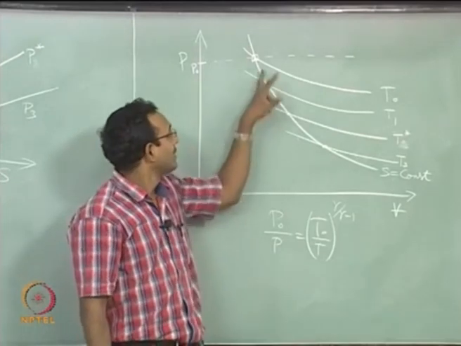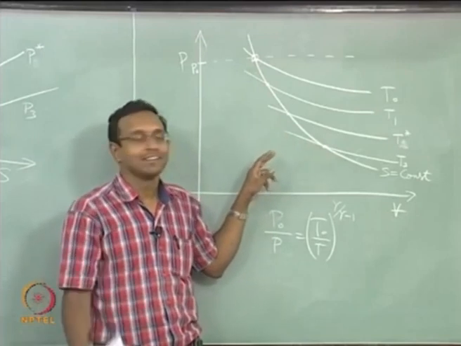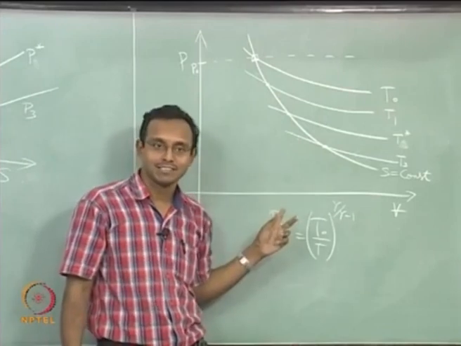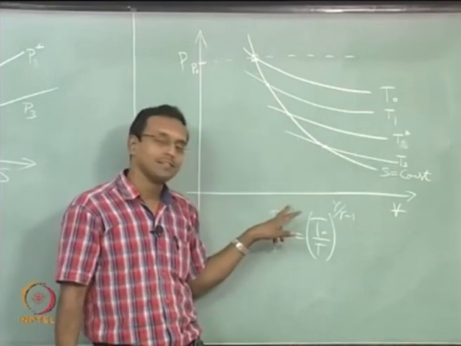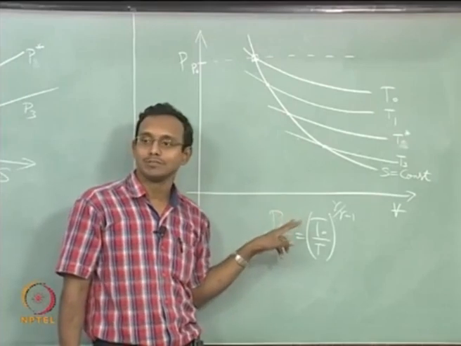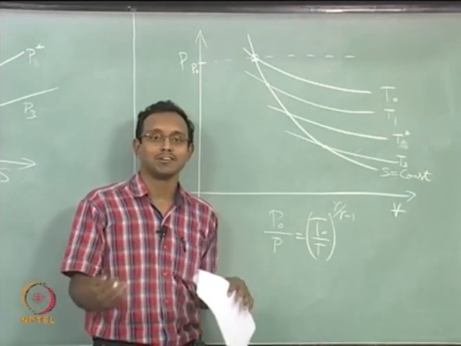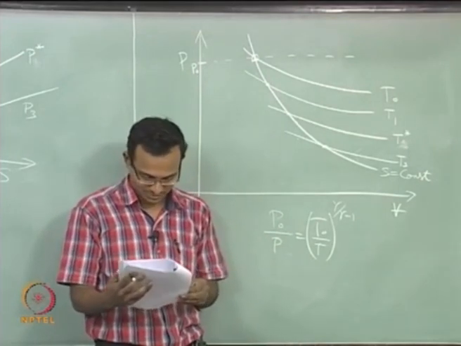When I am accelerating the gas to higher Mach numbers, I am always expanding the gas, and its temperature drops, its pressure drops, and its density drops. Velocity is the only thing that is increasing, everything else is dropping. That is the whole set of things that is happening in there.